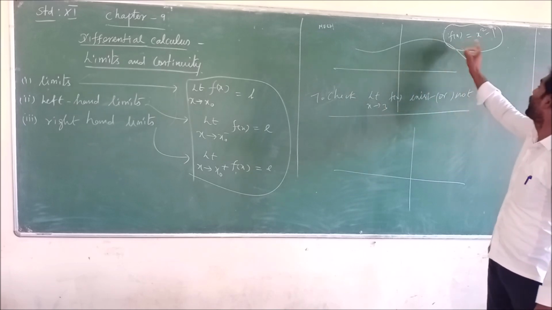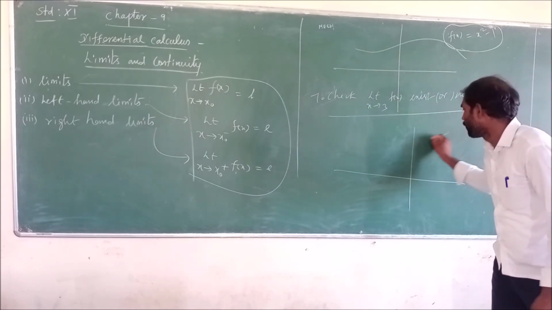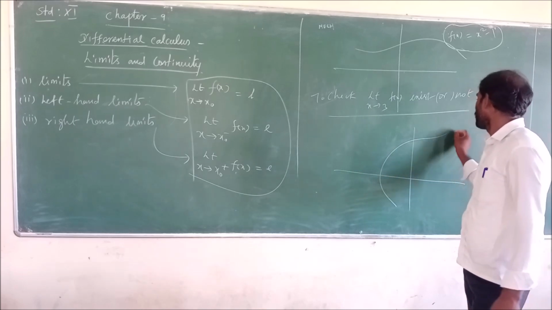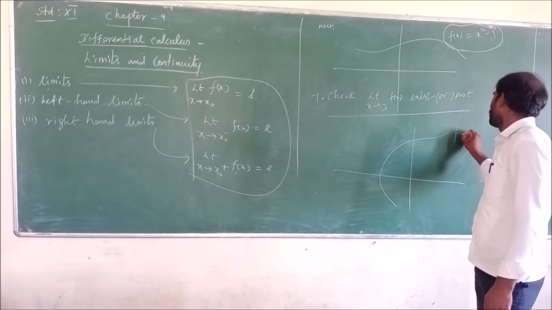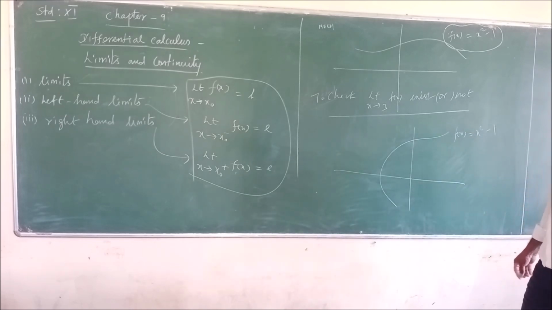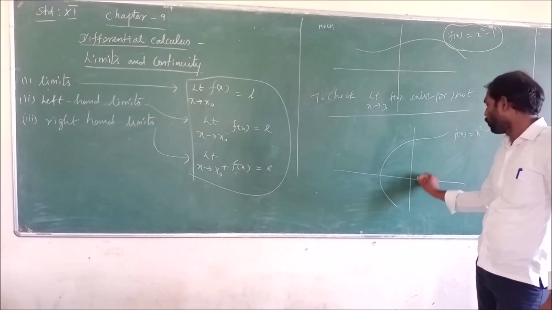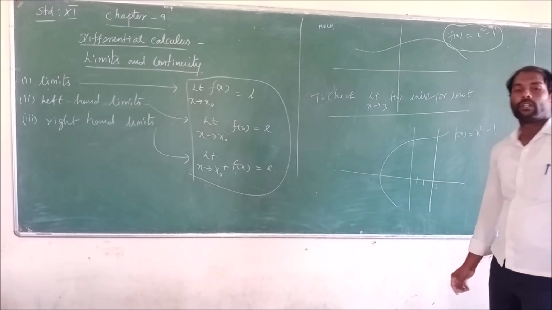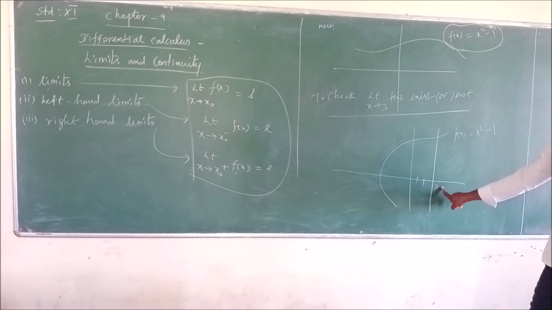For example, f of x is a curve. This is the curve of f of x equal to x square minus 1. Then 3, for example 1, 2, 3. 3 is the point where we find whether the limit exists.